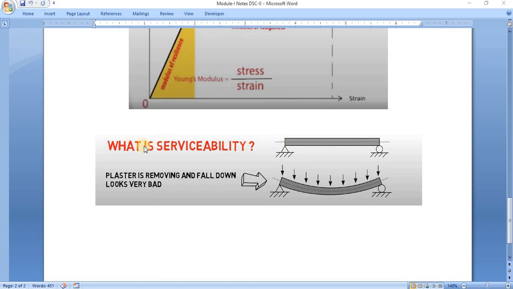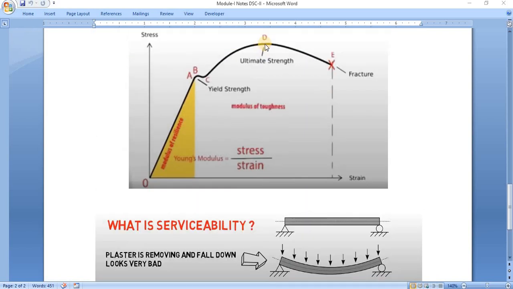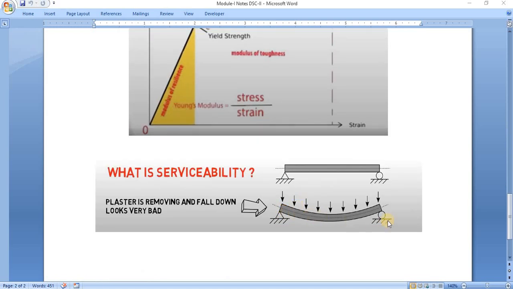You can see another example for this serviceability. Let us think that this is a beam, and these two are the column supports. If I apply a certain amount of load, then the plaster we are going to do at the bottom of the beam, when we apply maximum load, meaning when we utilize the full strength of the material, the beam is going to bend, and due to which the plaster below may fall.